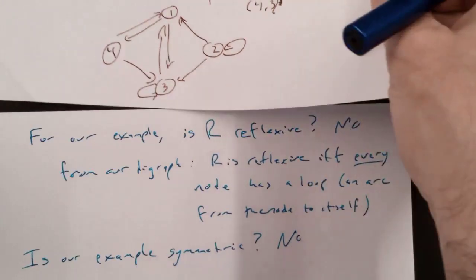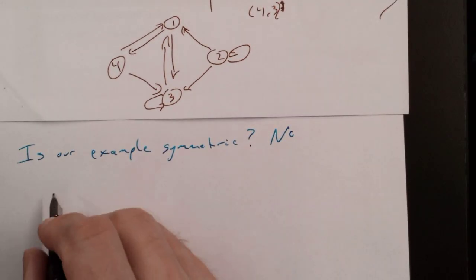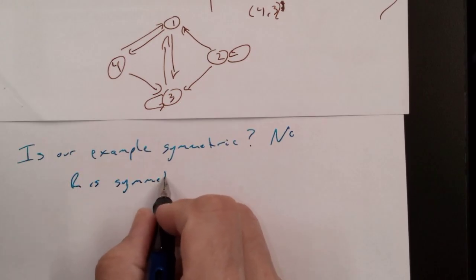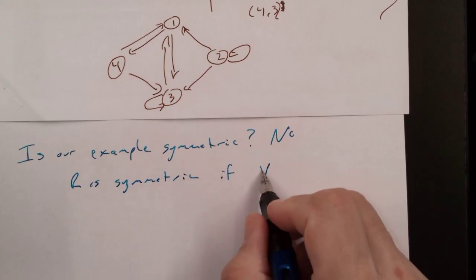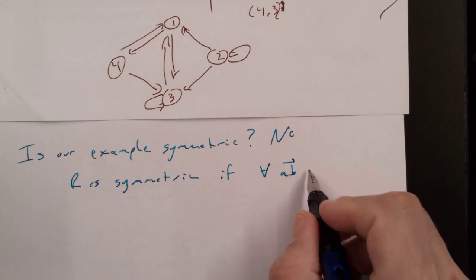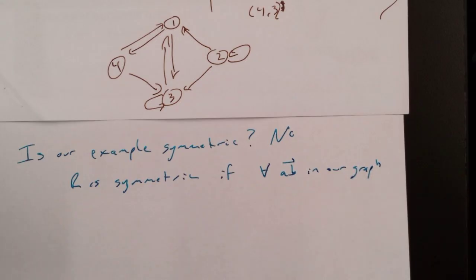So again, I'll write a general statement. A, B with an arrow over it. I've seen that notation before.